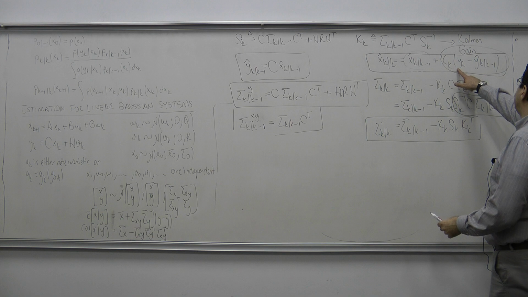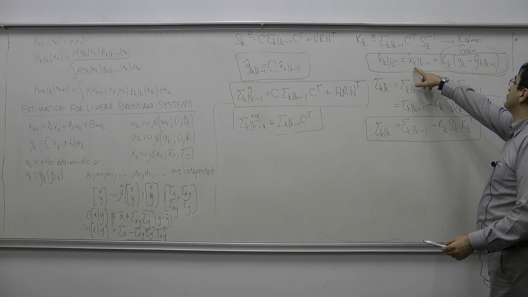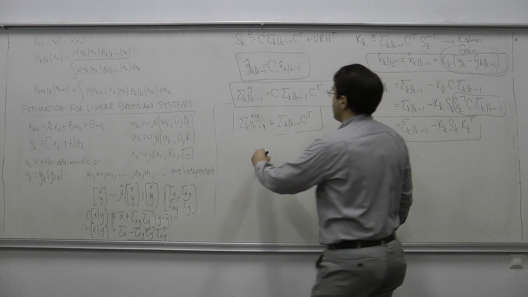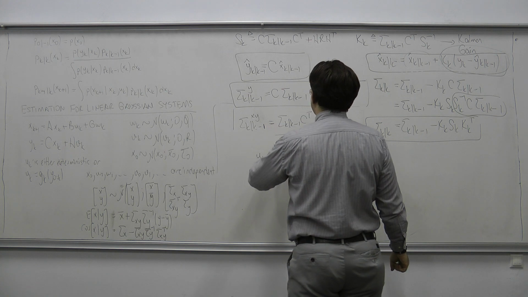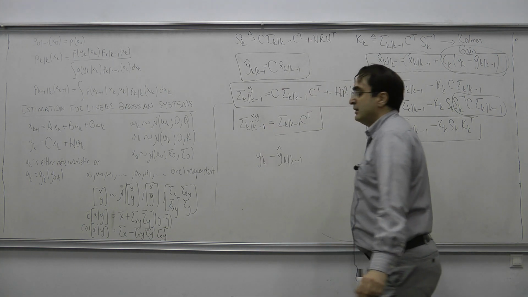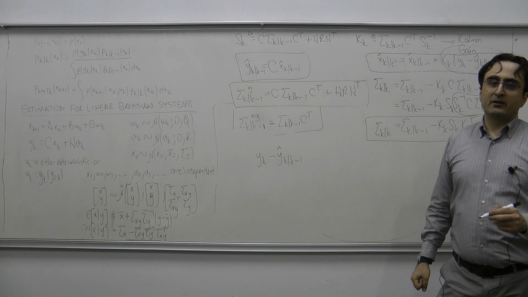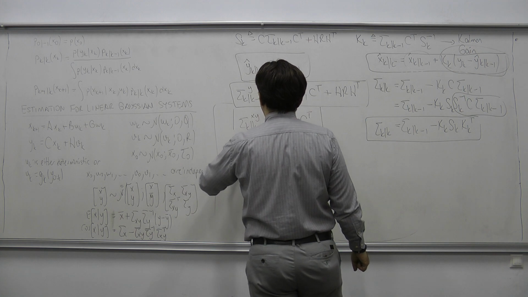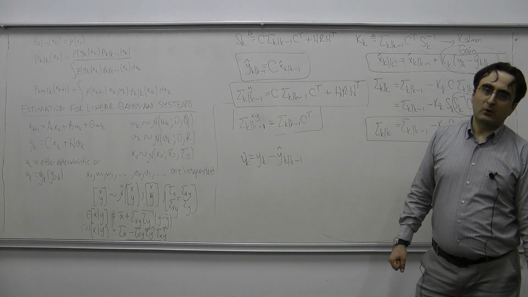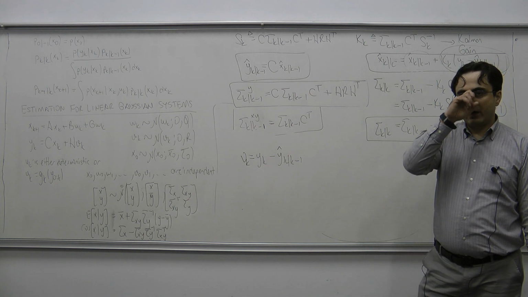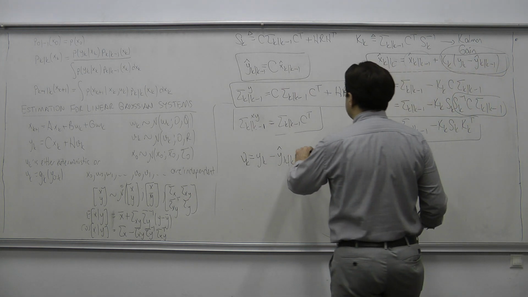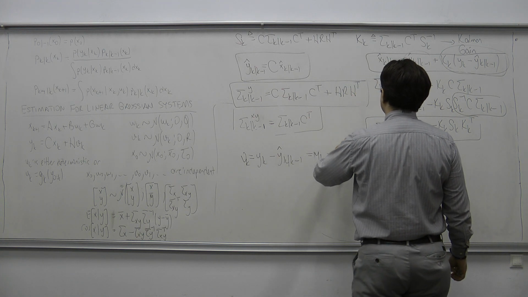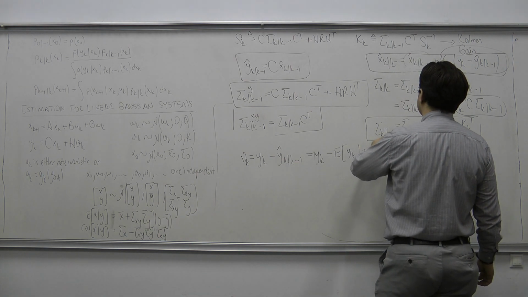But here we are actually correcting this prediction using this difference, this y k minus y hat k given k minus 1. This quantity has a specific name in the literature: we call it the innovation. This is again the same name that we used before. Why is that? Because this is nothing but y k minus the expected value of y k given y 0 to k minus 1.